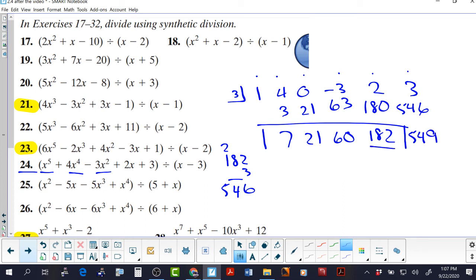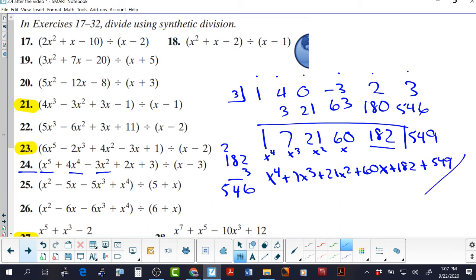So that's going to be the constant. That'll be the x squared, x to the third, x to the fourth. So we have x to the fourth plus 7x to the third plus 21x squared plus 60x plus 182 plus 549 over x minus 3.